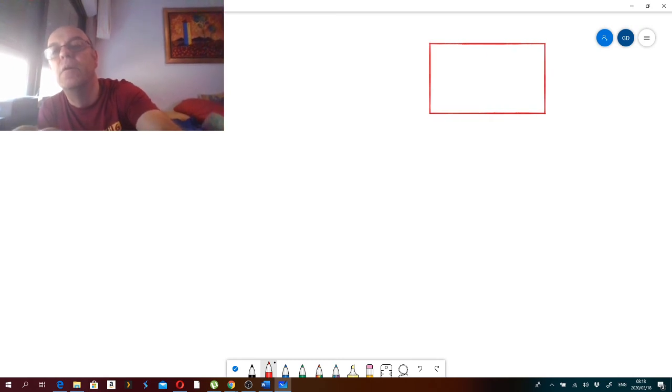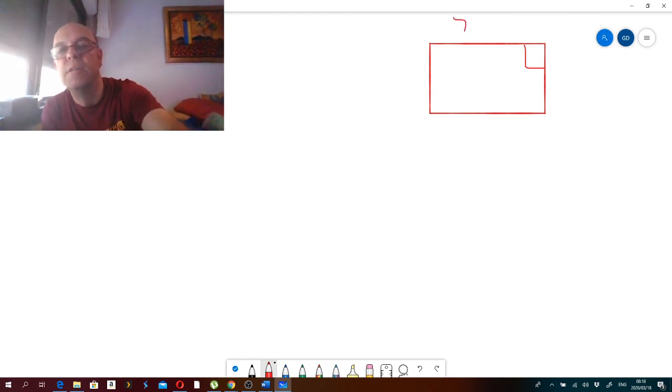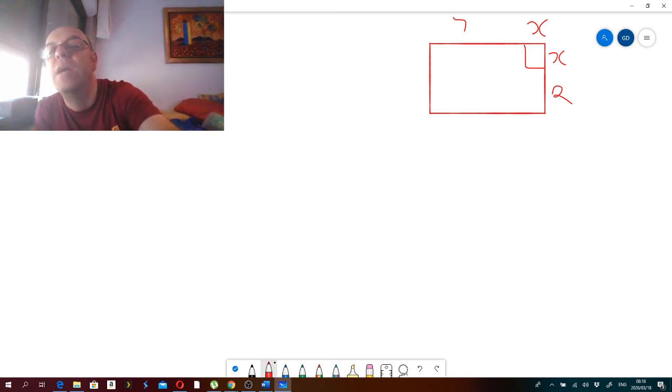There we go. Also got a square over here. Okay, so we know that this part here is 7, but that part is x, and that part is x, and this part is 2. Okay, there it is. Now, I'm going to actually divide this garden up a little bit more into a couple of rectangles.